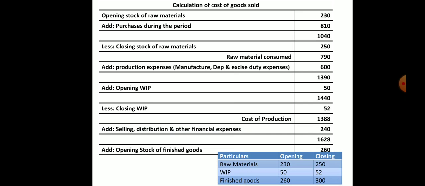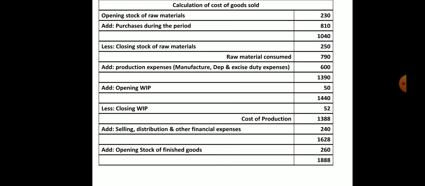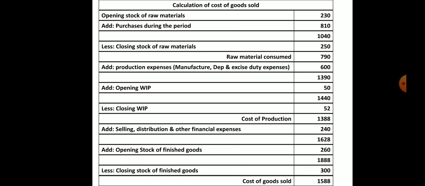They have given the opening balance as 260 and the closing balance as 300. So from 1628, plus 260, is 1888, then minus the closing stock. The closing stock is 300. If you minus that, you will get the total cost of goods sold.